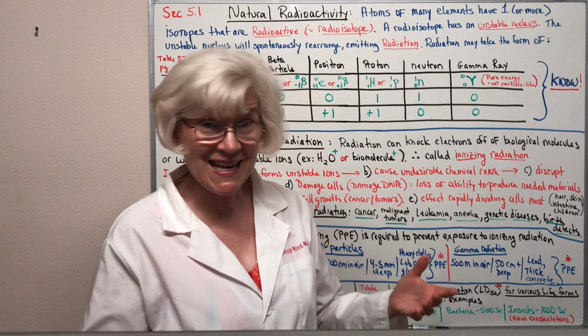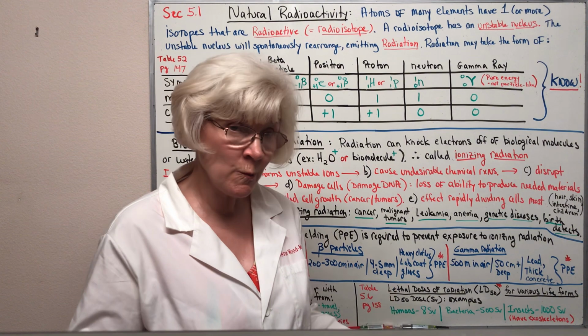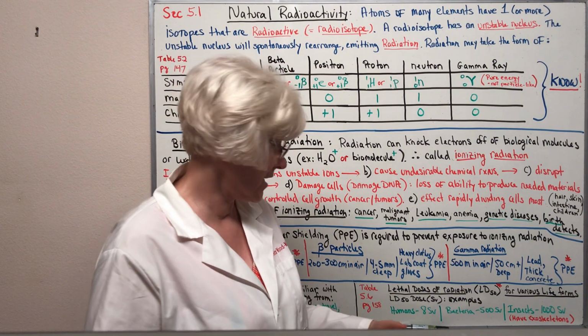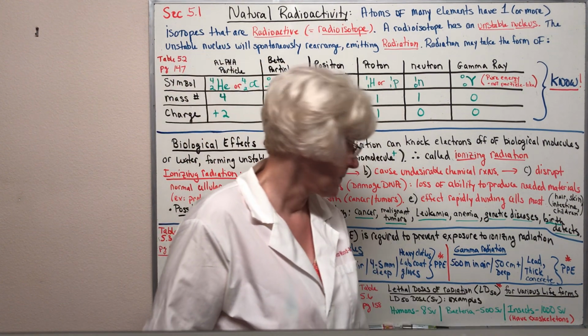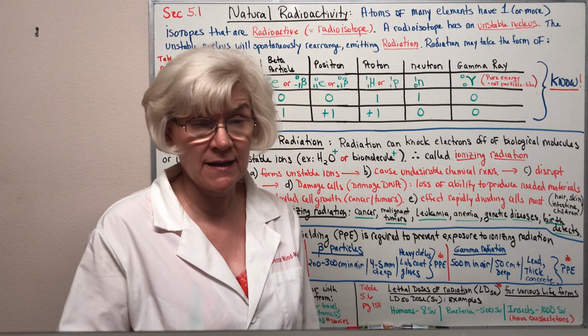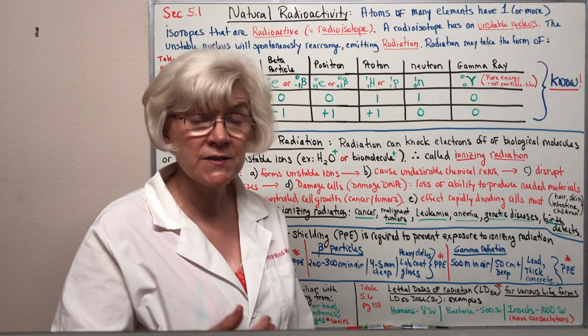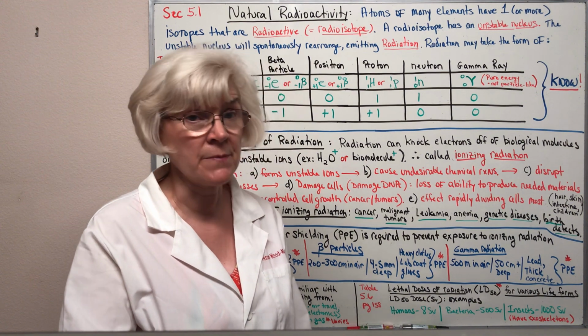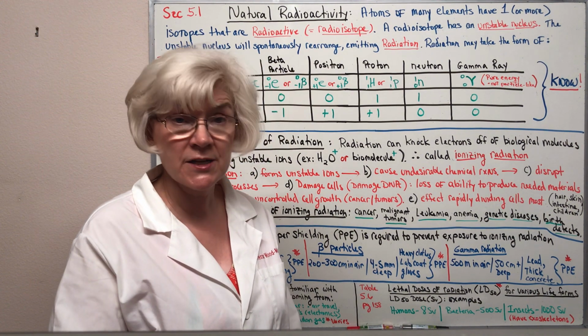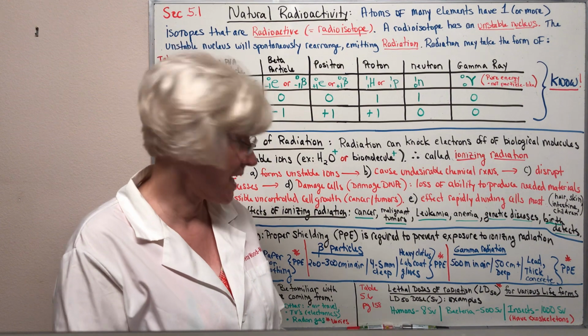And what is it that insects have that we don't have, or bacteria? And the answer is insects have an exoskeleton. Their skeleton is on the outside, and that serves as some protection to them from the damaging biological effects of ionizing radiation.